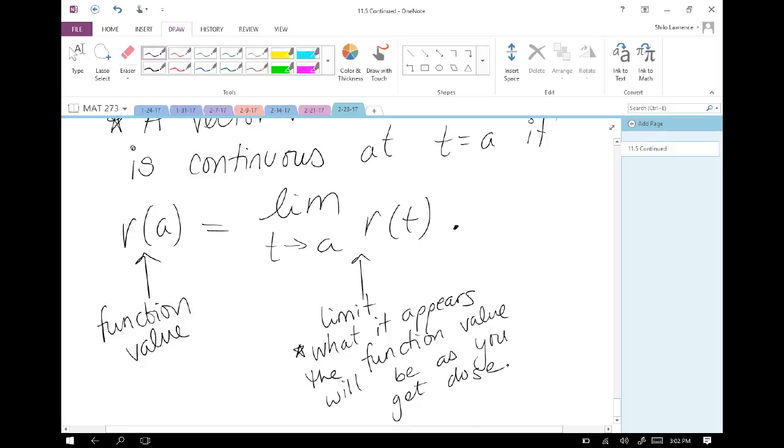You want your actual function value and what it appears the function value is going to be as you get close to match.